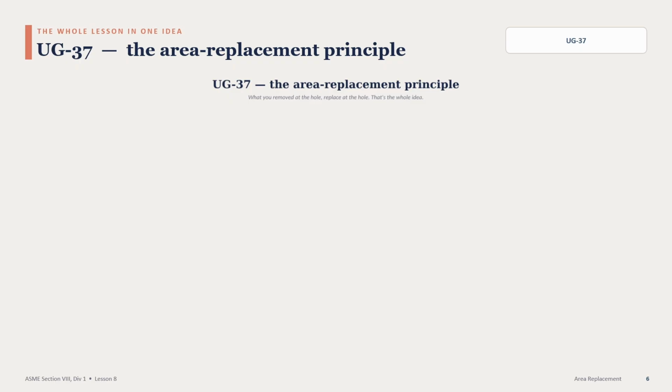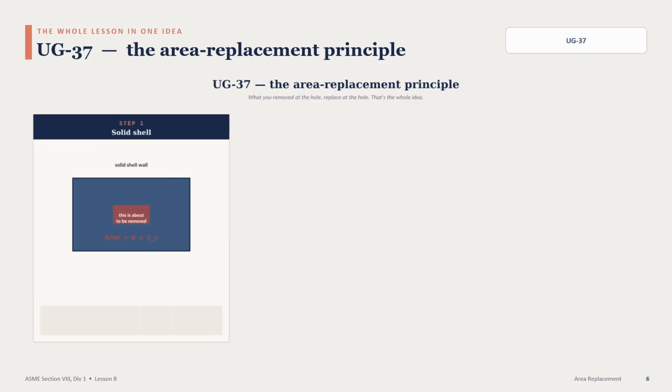Here is the entire lesson in one cartoon. 3 panels. Solid shell wall. Look at that red rectangle. That's a strip of material with area equal to hole diameter times required thickness.